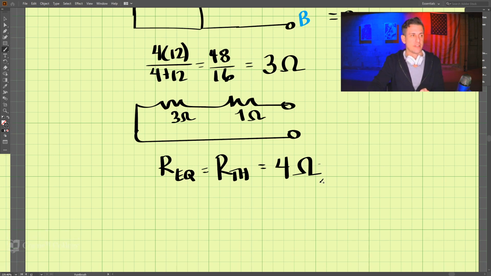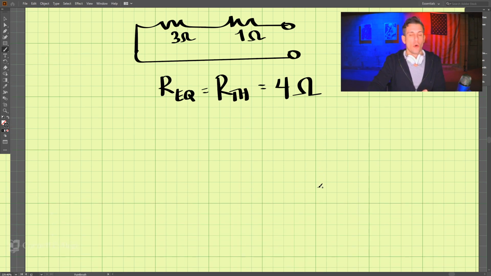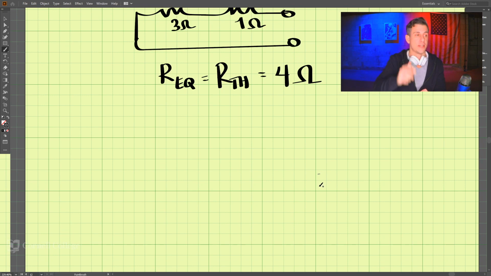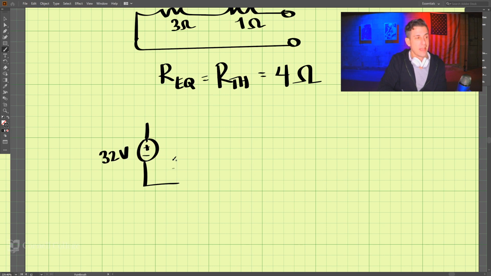We have the resistance. So what we do next is turn back on the voltage source, or the independent sources. We want to turn those back on. So we have 32 volts, and let's draw the circuit again.